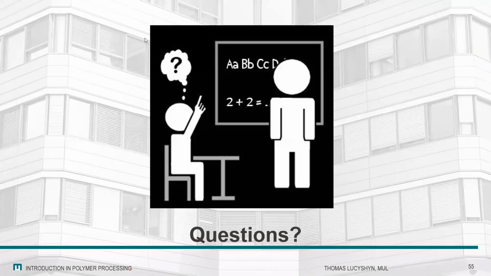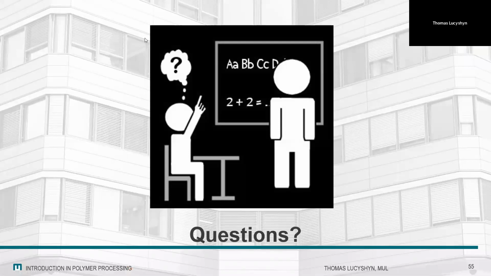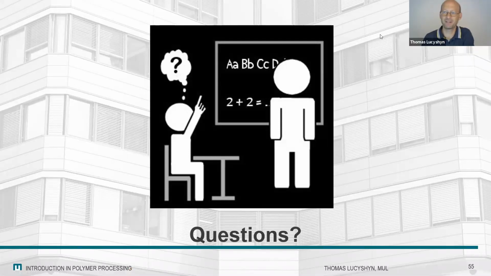Yes, of course. I'm sorry, basically I forgot in this processing overview to really go about compounding. I was rather focusing on those processing methods which really result in a final product. But basically all this adding of different fillers happens in a different processing step, which is before the real processing step. This is called compounding.